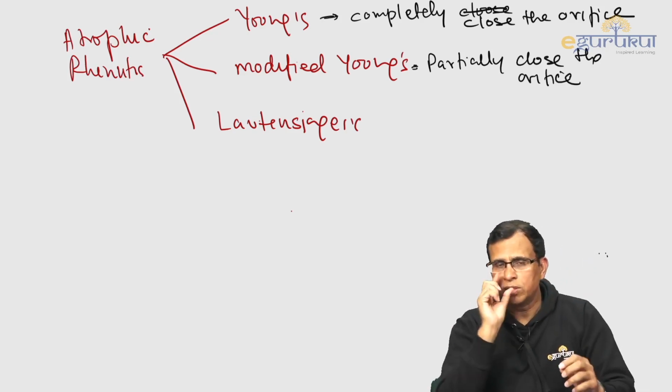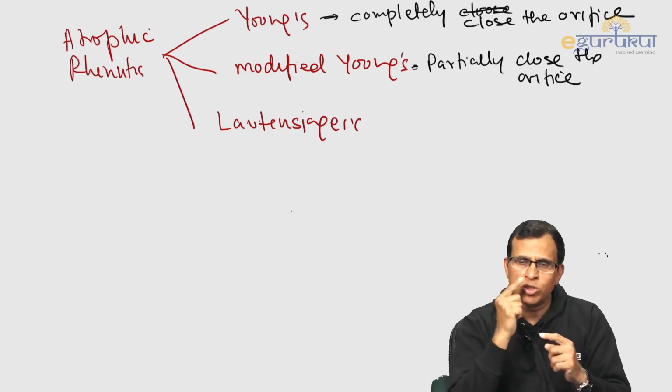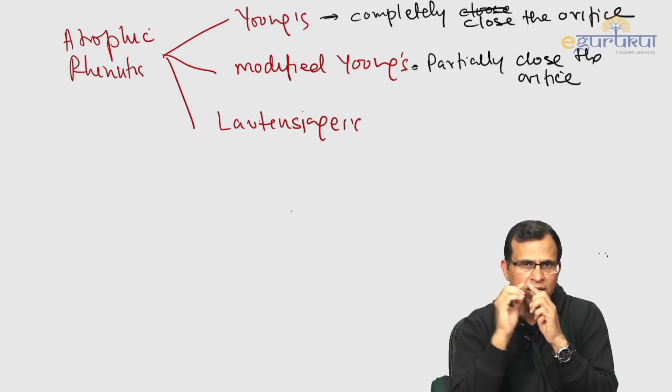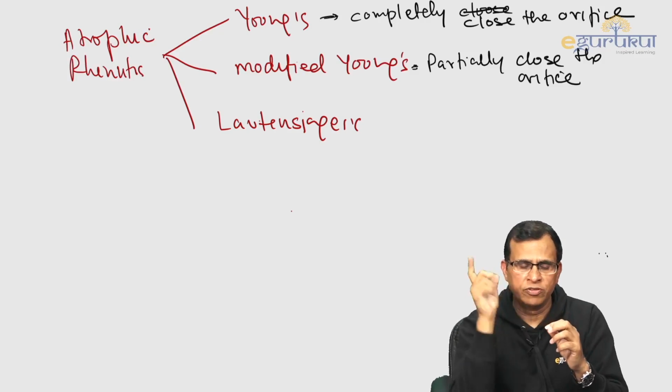When you completely block the nasal orifice, you separate the mucosa from the walls on both sides, bring the lateral wall and medial wall mucosa together and suture them. So, this orifice will be completely closed.